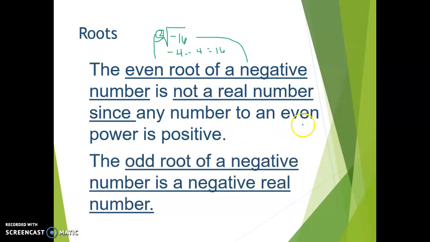But the odd root of a negative number is a real number. We saw that with the cubed root of negative 64, because I can take negative 4 times itself 3 times and end up with a negative number. So odd roots of negative numbers are real. Even roots of negative numbers are not real numbers.